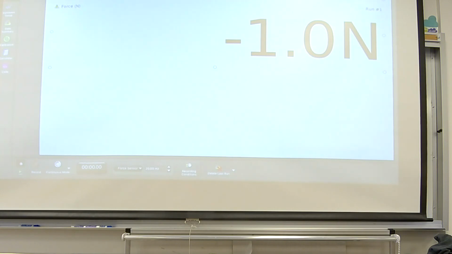Convert your centimeters to meters. How do you do that? Divide by 100. Divide by 100.